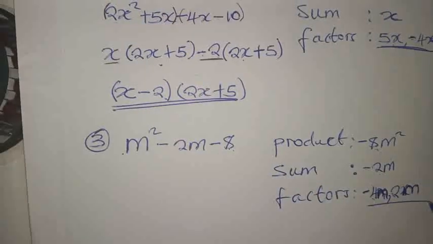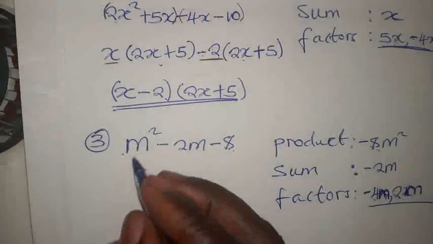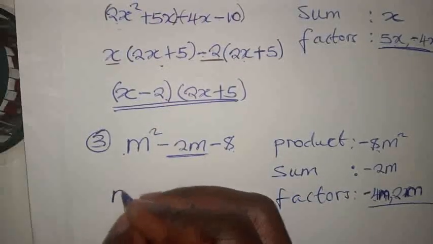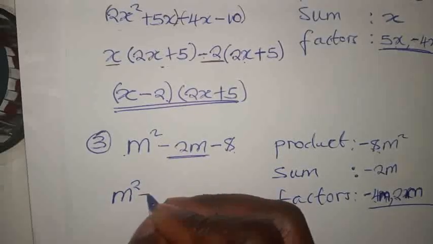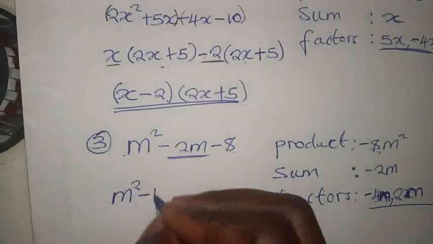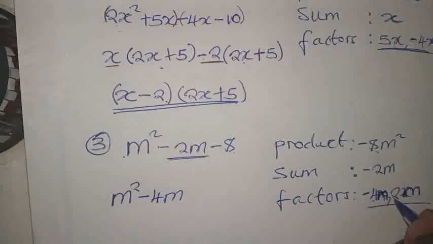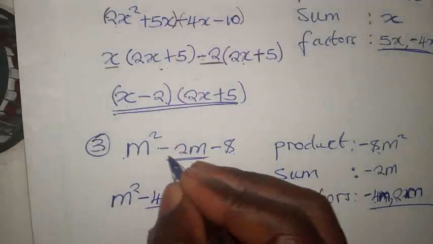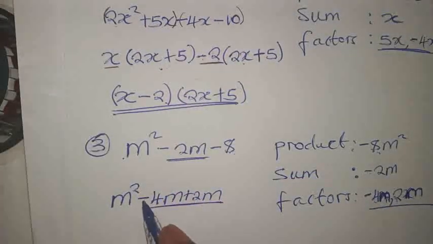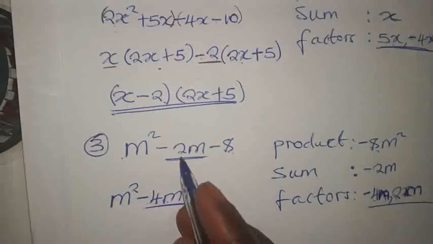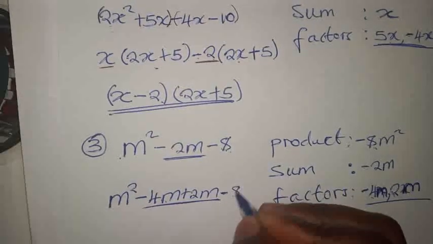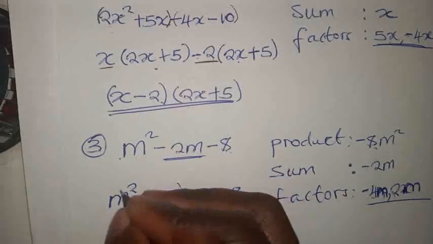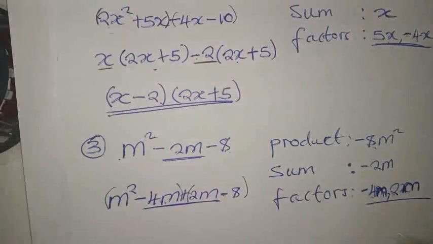So we substitute these factors again where there is our sum. So meaning it will be m squared minus 4m, plus 2m, meaning these have substituted negative 2m, because when we add negative 4m plus 2m it takes us back to this, then minus 8. What is common here? Again we do the same, meaning these will factorize like this, even these like that.